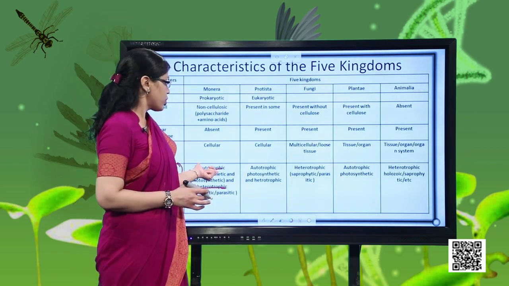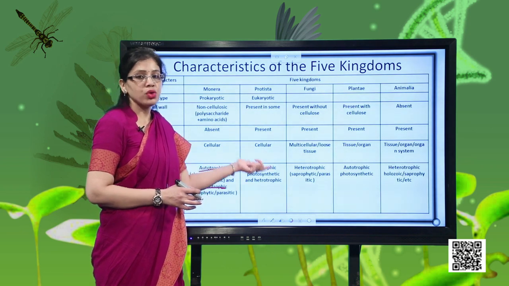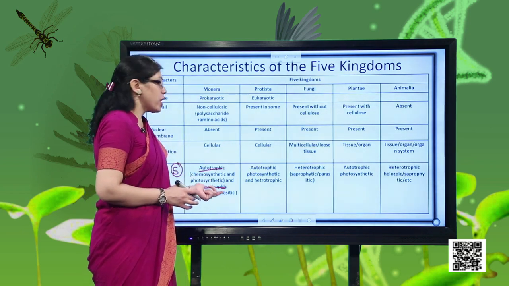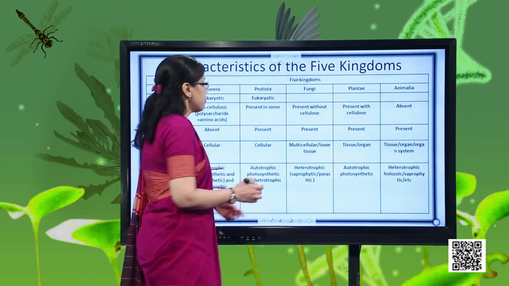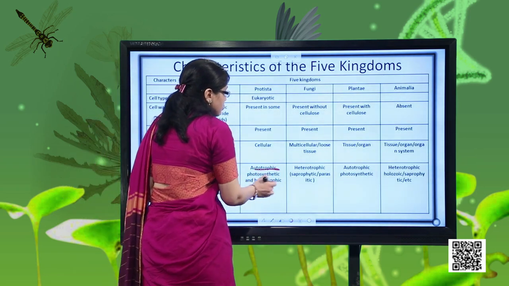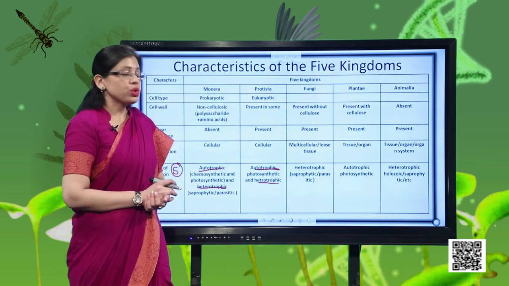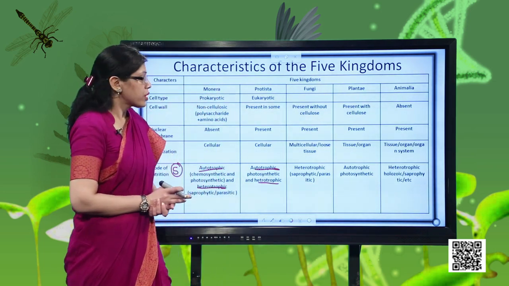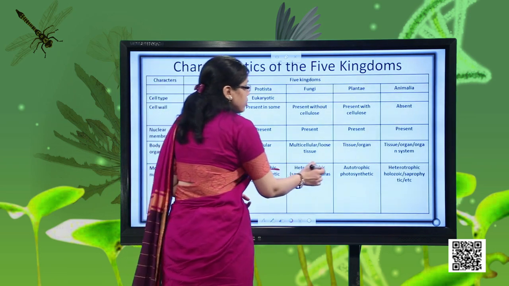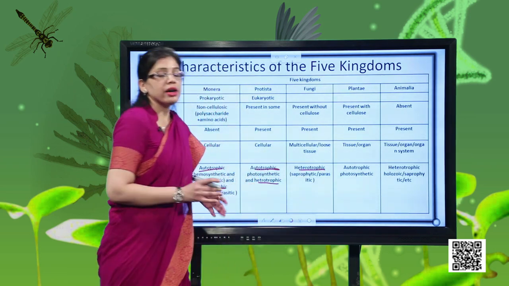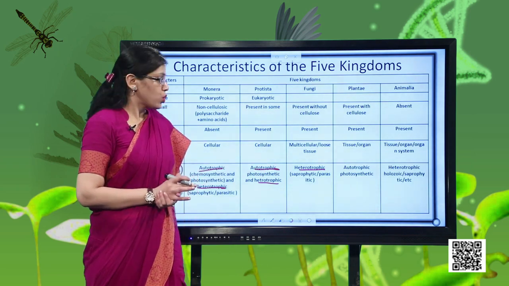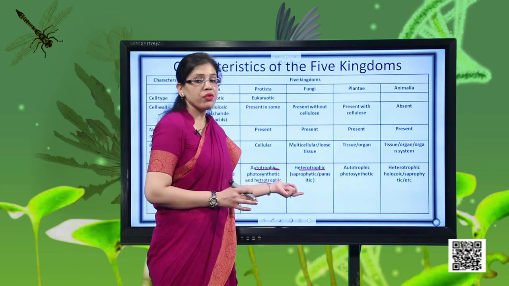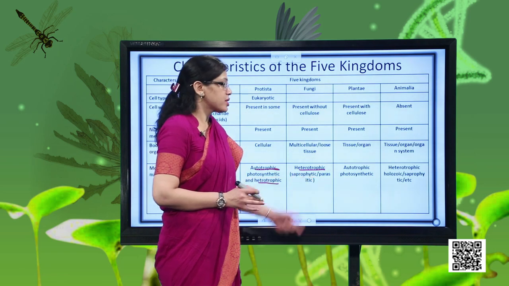So I hope you remember autotrophs are the ones which can prepare their food on their own. Heterotrophs are the ones which cannot prepare their food on their own; they are dependent on others. Then talking about Protista, they could have either an autotrophic mode or a heterotrophic mode. But in fungi, no autotrophic mode is present; they are exclusively heterotrophic because they do not contain the pigment chlorophyll, so they will have either a saprophytic mode or a parasitic mode.